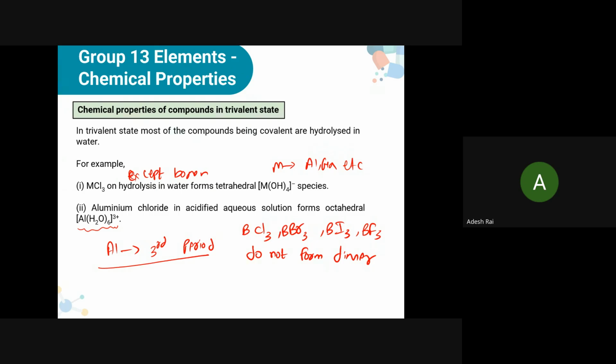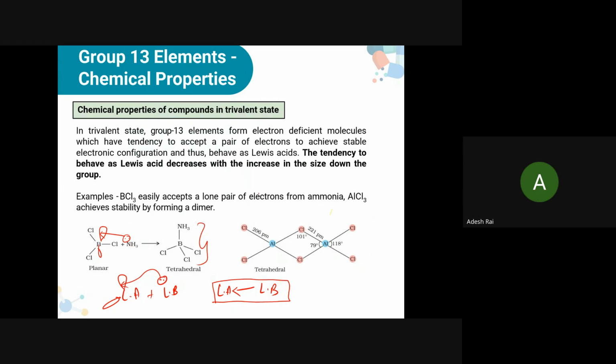Can you tell me why it can't undergo dimerization? Just now we saw here that aluminum can undergo dimerization. See? AlCl3. So 1 Cl, 2 Cl, third Cl. This is aluminum.